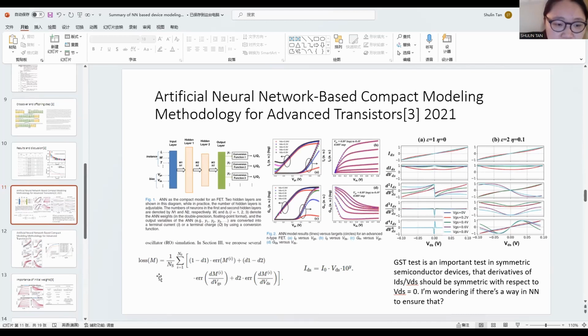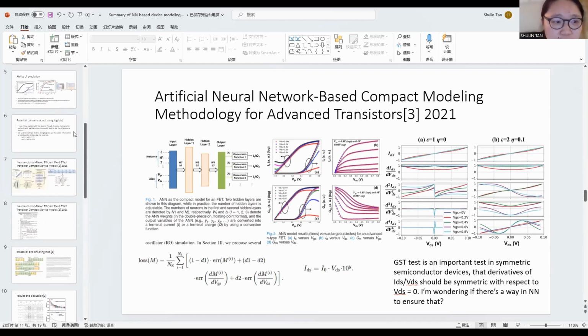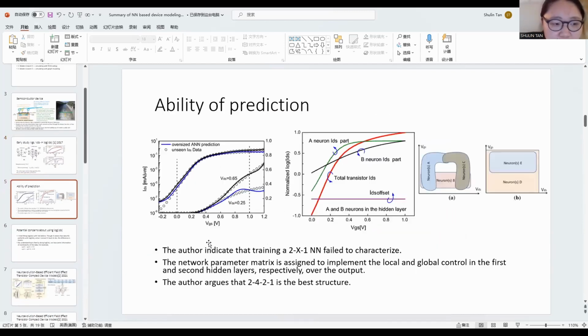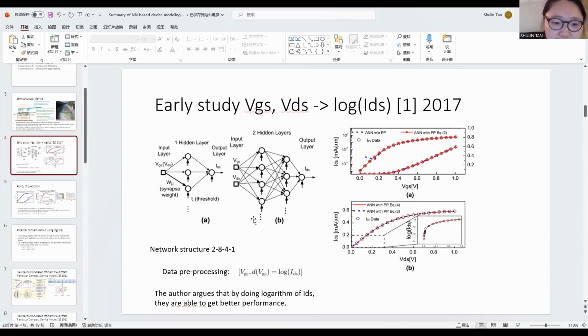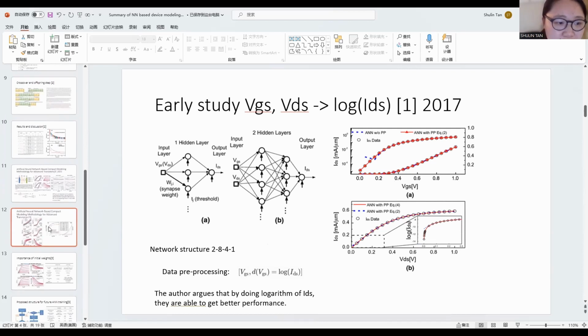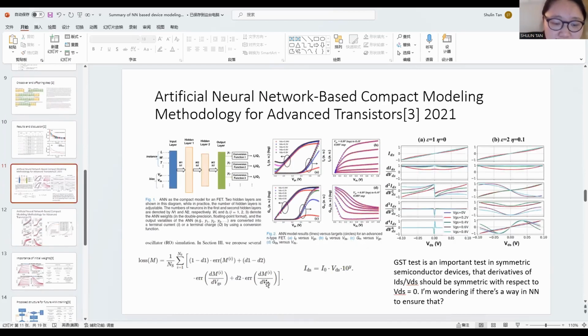I think they incorporate two important things. First, they redesigned the loss function. In the first one we saw, they only used the MSE, the L2 loss, as the loss function. But this one added something: they also added the error of the gradient of the curves.